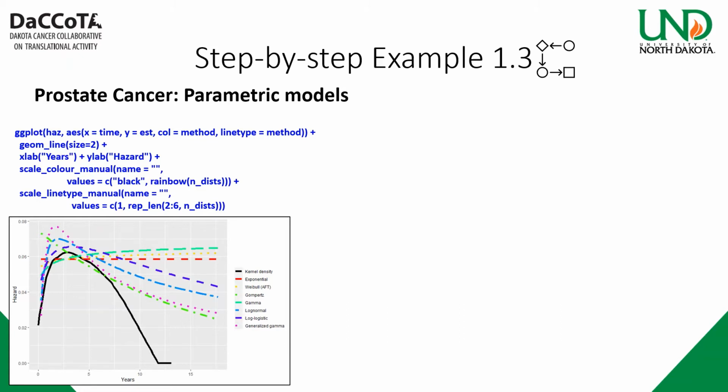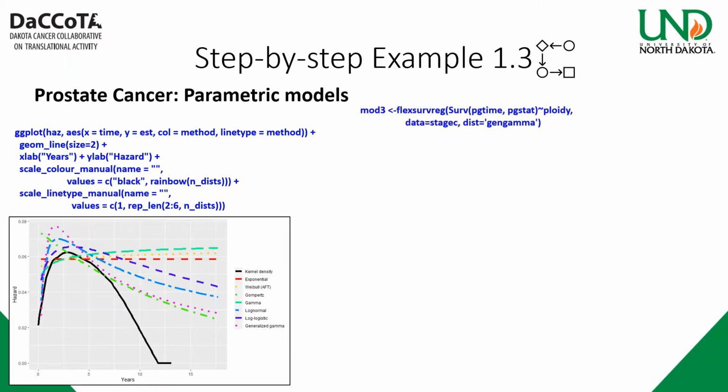And what we can see here for this hazard function, that nothing really fits that great. I mean, the best one maybe is going to be like the log normal or like the log logistic, maybe the generalized gamma, but you can see here, even with a lot of fitting with different distributions, you can have a hard time fitting distributions.